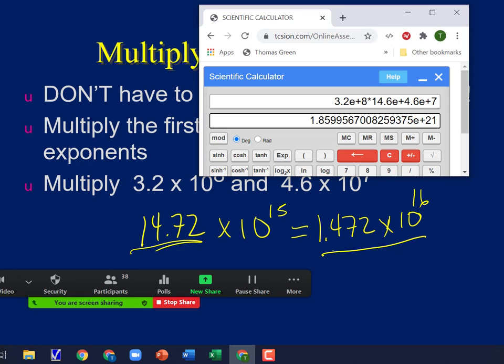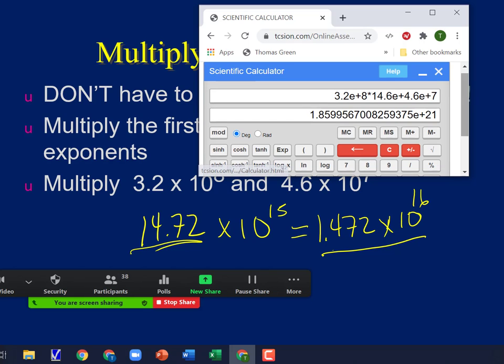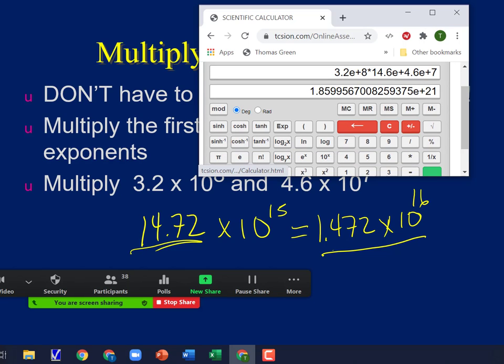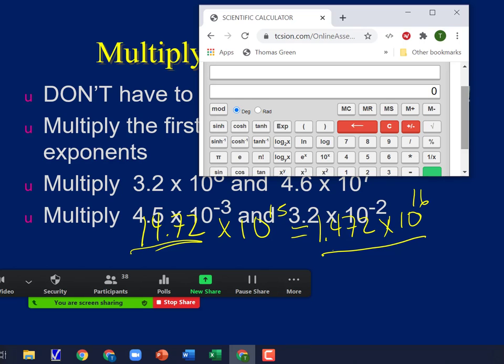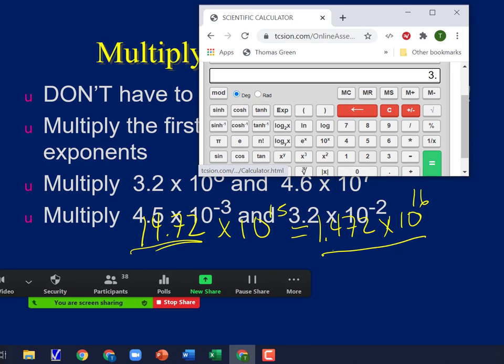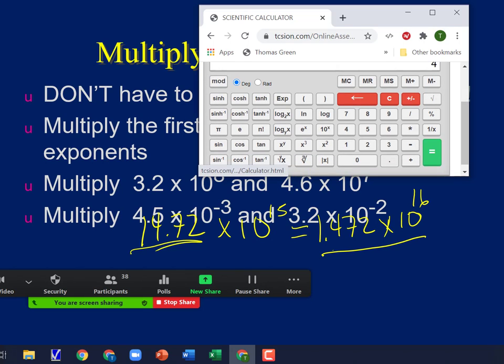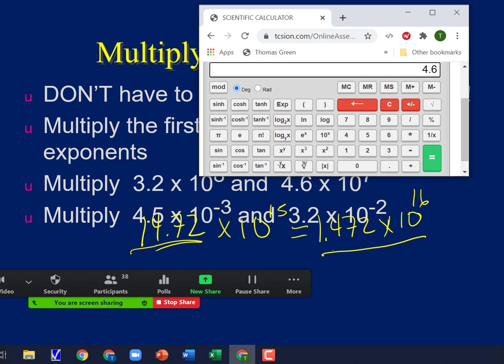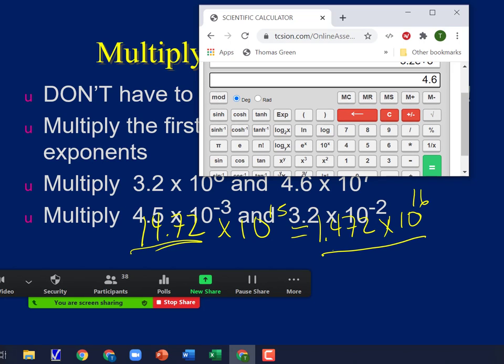3.2 times. It didn't clear. Let's clear it again. Let's try it again. 3.2 exp 8 times 4.6 exp 7.